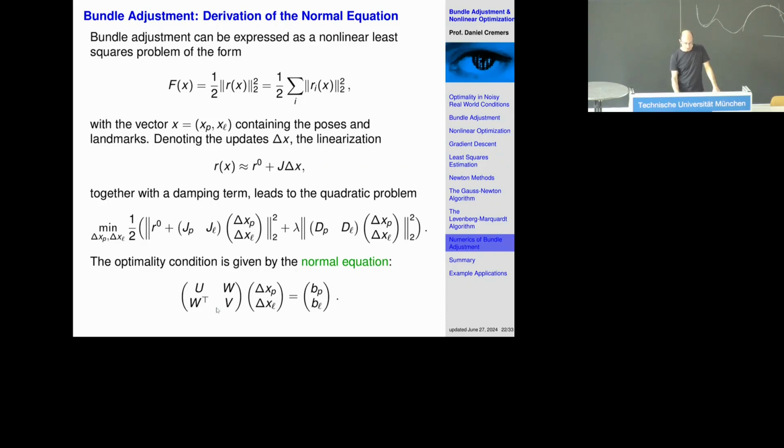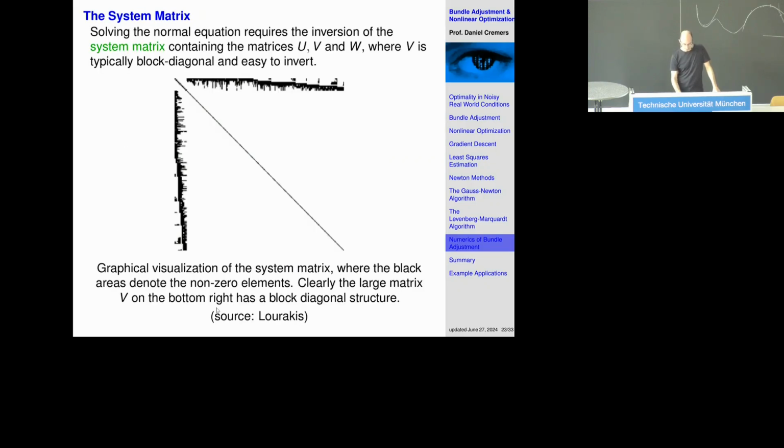But what's nice about V is that the matrix is essentially block diagonal. And this is what you see here. This big thing on the bottom right is that matrix. This is from actual bundle adjustment problems. What's visualized here graphically is that the black elements are the non-zero elements, and the white elements are all zero.